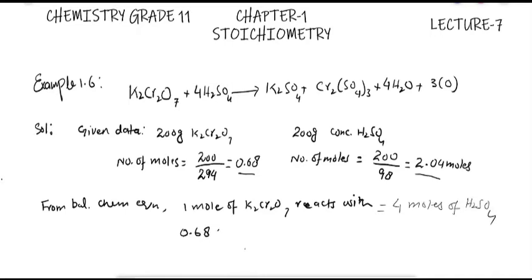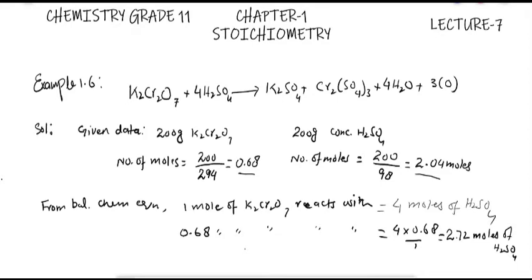So if we are given 0.68 moles of potassium dichromate, it will react with 4 into 0.68 divided by 1, which is equal to 2.72 moles of sulfuric acid. So for complete reaction with 0.68 moles of potassium dichromate, we would need 2.72 moles of sulfuric acid.